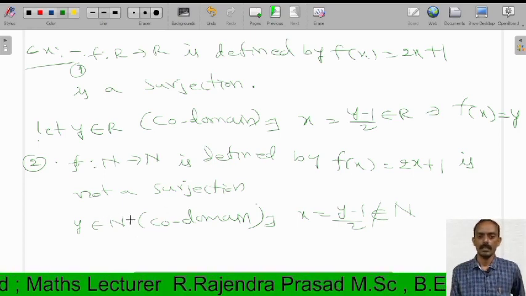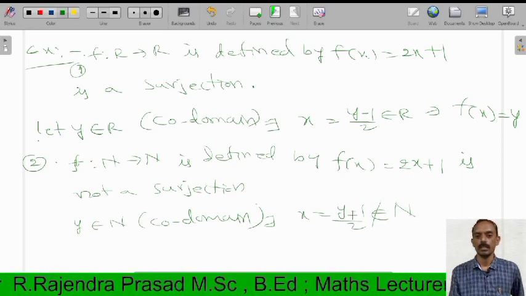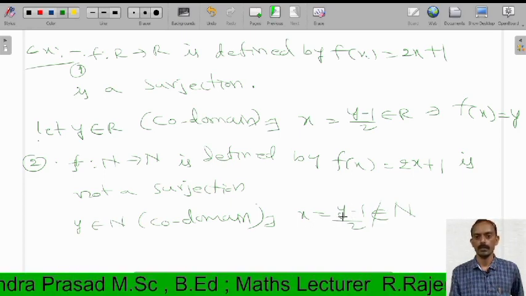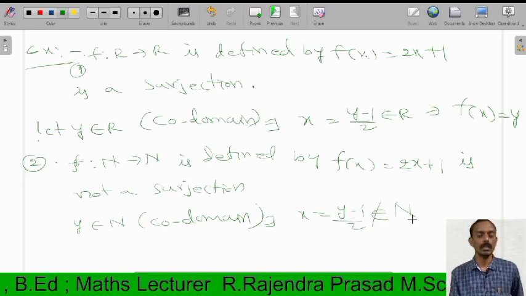కోడొమైన్ లో వన్ ఎలిమెంట్ తీసుకున్నామంటే దానికి ఇమేజ్ ఉండాలి. ఫర్ ఎగ్జాంపుల్ y ఈక్వల్ టు 1 తీసుకోండి. 1 మైనస్ 1 ఏంటి 0. 0 బై 2 ఈక్వల్ టు ఏంటి 0. మరి 0 అనేది నేచురల్ నెంబర్స్‌లో ఉంటుందా? ఉండదు.